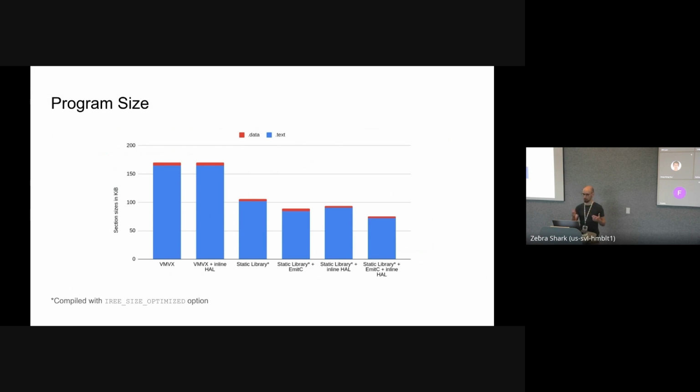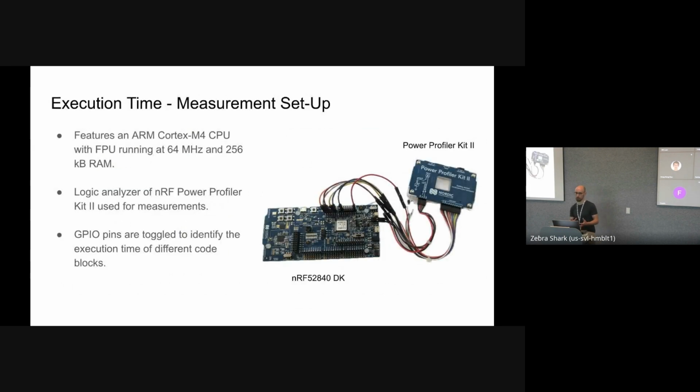And if you now use the inline HAL, this has a similar effect. So using the static library plus inline HAL, you get a smaller executable compared to just using the static library. But the most efficient is if you use static library plus EmitC plus inline HAL, that gets you the smallest executable. And this is similar for runtimes.